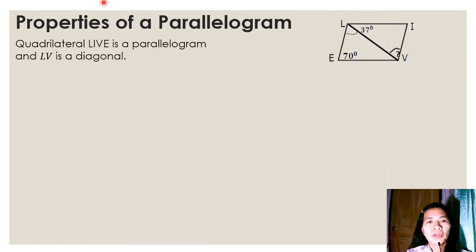So we have here quadrilateral LIVE is a parallelogram and segment LV is a diagonal.